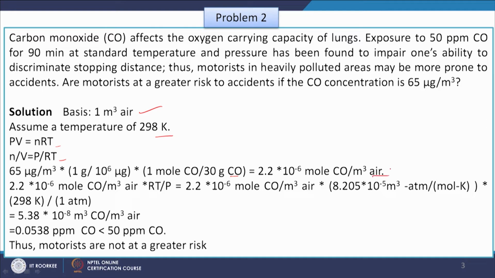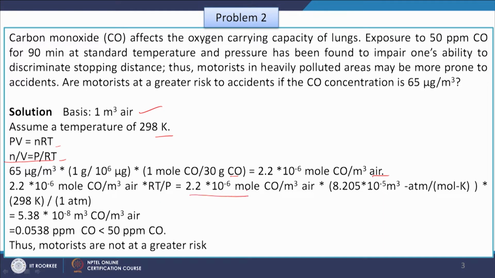So, we are getting the n value as 2.2 into 10 to the minus 6, and we have one expression n by V equal to P by RT. Then we will be putting these values here, n 2.2 into 10 to the minus 6, into RT by P, that is equal to V. So, volume is equal to n into RT by P. We use the n value we have got, then RT by P value we will be putting.